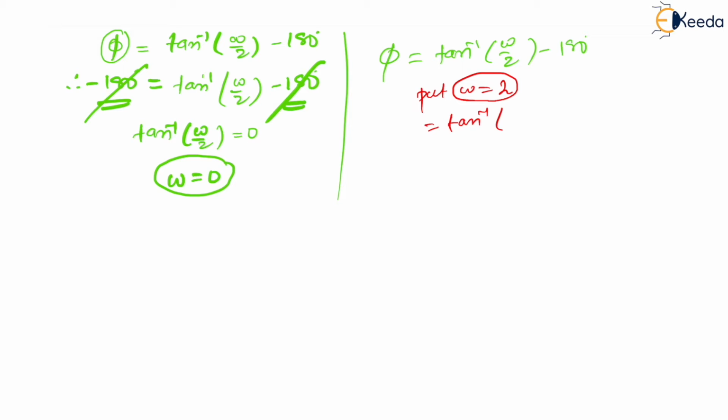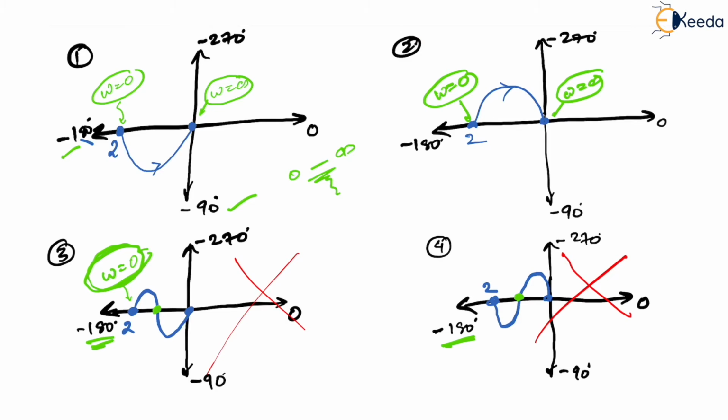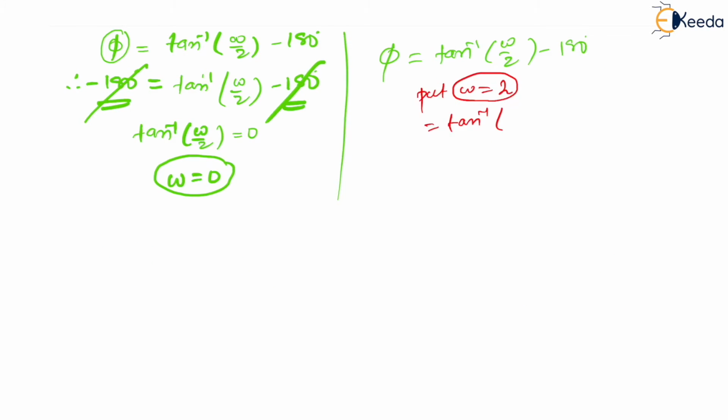If the angle is between minus 180 degrees and minus 270 degrees, then definitely the second one is right. And if the angle is between minus 180 degrees and minus 90 degrees, then definitely the first one will be right. So let us check that.